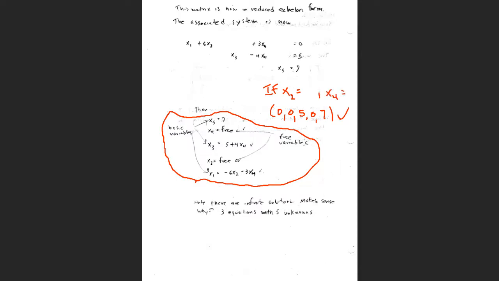What would x2 and x4 equal? That's right, Cameron. They'd both be 0. So you see, free variables, you can let them be any value. And then you determine the value of the basic variables.